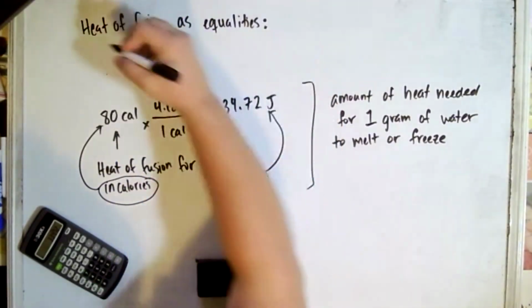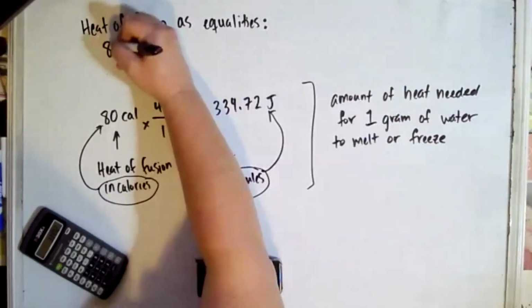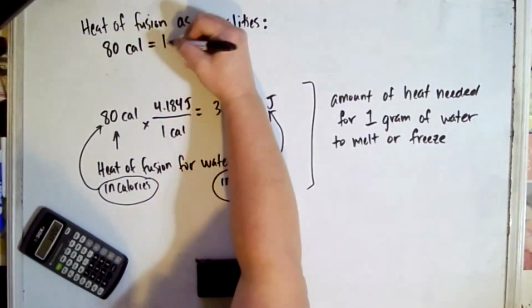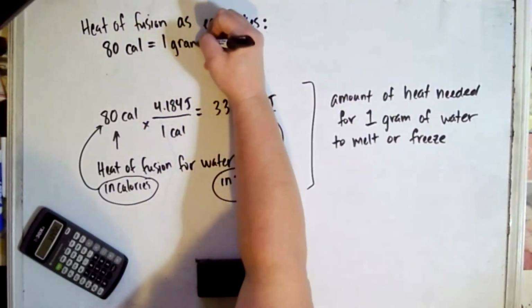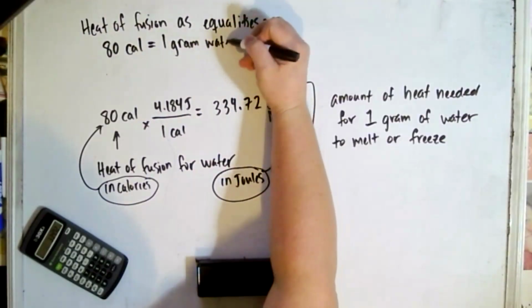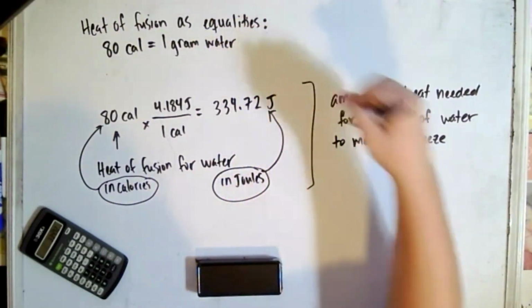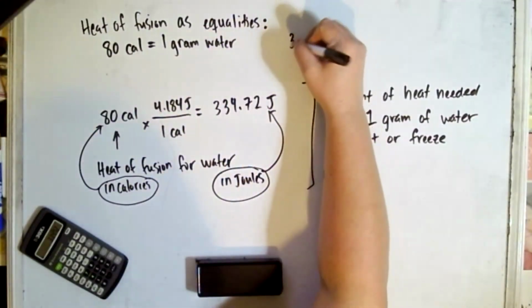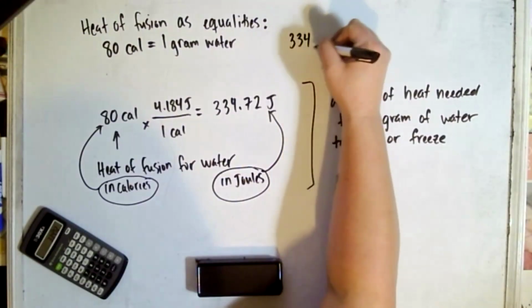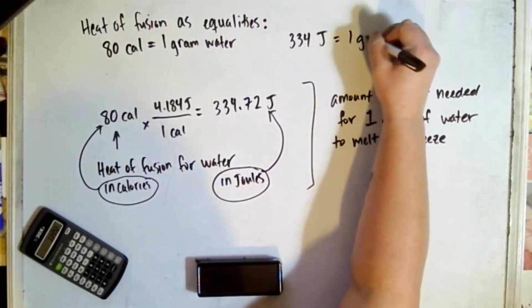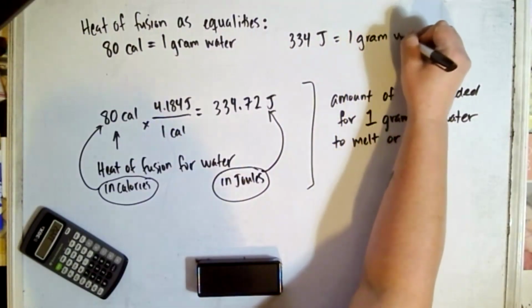Okay, we can write the calorie version, which says that there's going to be 80 calories for every 1 gram of water that's melted or frozen. Or we can write it in terms of joules, where we'll say that we need 334 joules for every 1 gram of water that's melted or frozen.